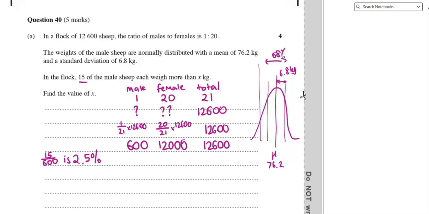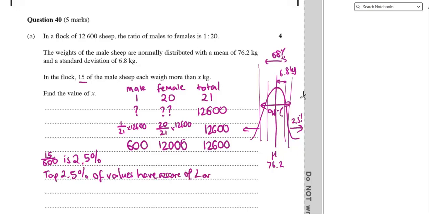I know that two standard deviations is 95% of the values. So with 5% split above and below, that means that 2.5% is above. So I'm interested in the top 2.5% of values, which have a z-score of 2 or more. So z equals 2.